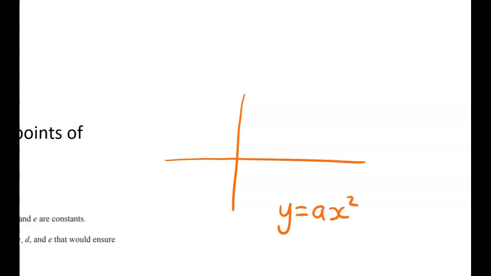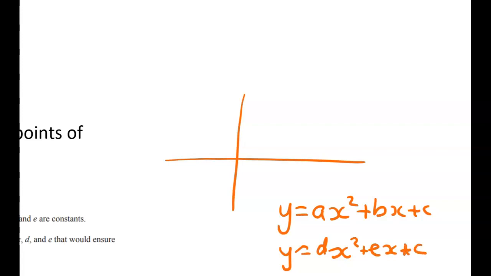So let's quickly sketch what a parabola looks like in expanded form. Suppose I've got ax squared plus bx plus c, and then the second one is dx squared plus ex plus c.